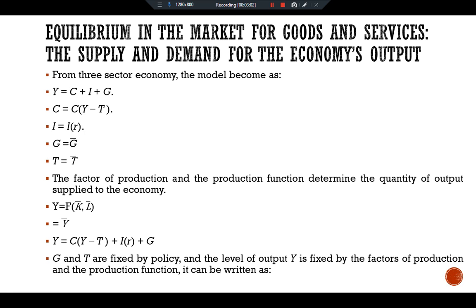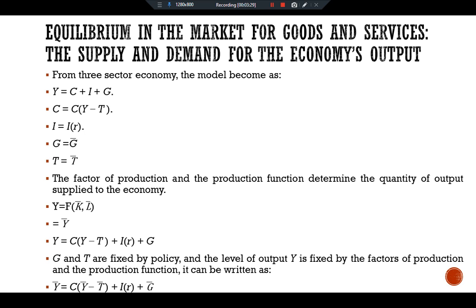So it can be written as Y bar = C(Y bar - T bar) + I(r) + G bar. This equation states that the supply of output equals demand, which is the sum of consumption, investment and government purchases. Notice that the interest rate is the only variable not already determined in the last equation.